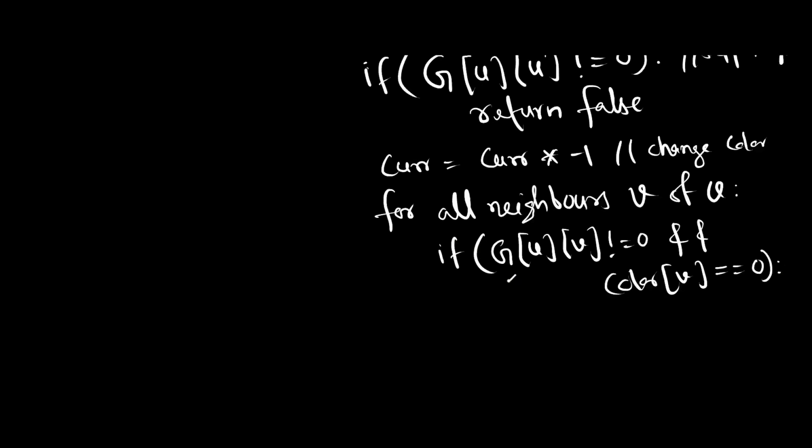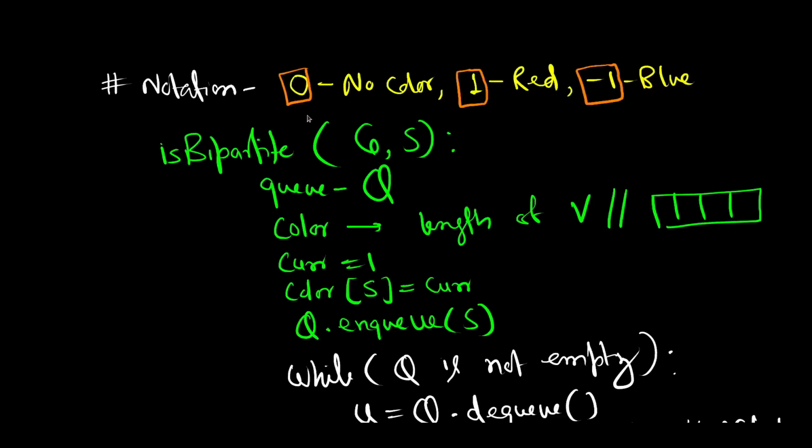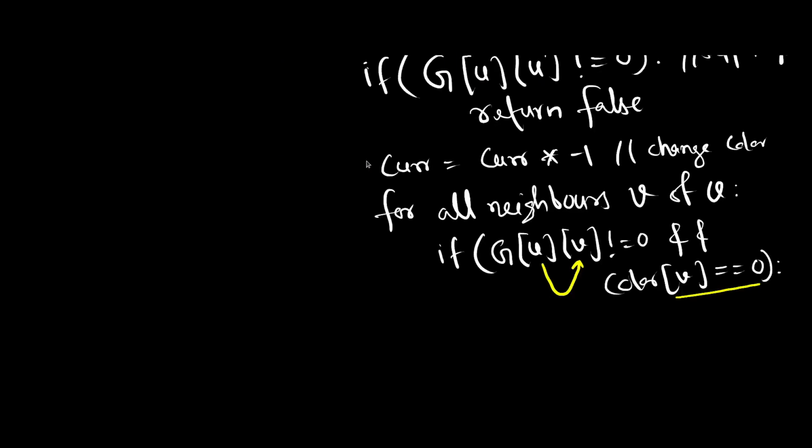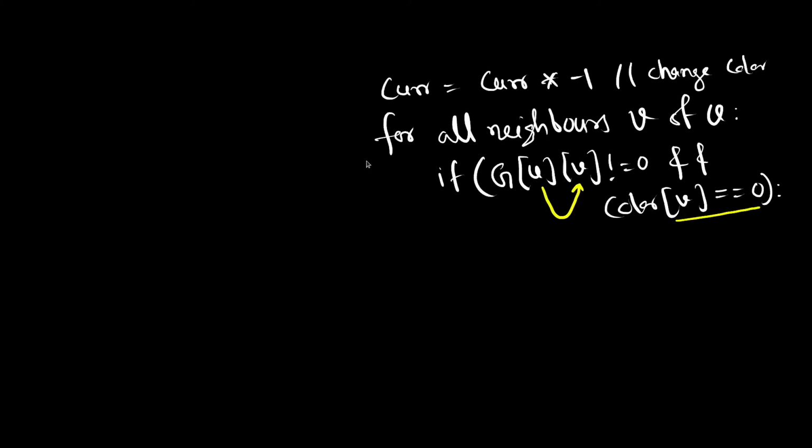And what does this mean? This means that there is an edge from u to v. Okay, there is an edge from u to v, but v is not colored. So we have discussed that if it is 0, there is no color, right? So if it is 0 here, it means there is no color. Clear?